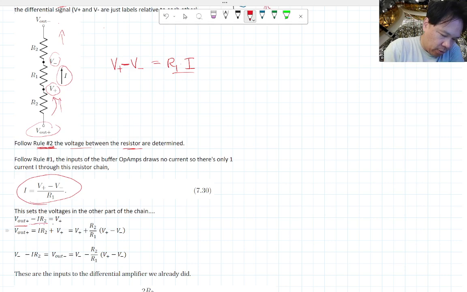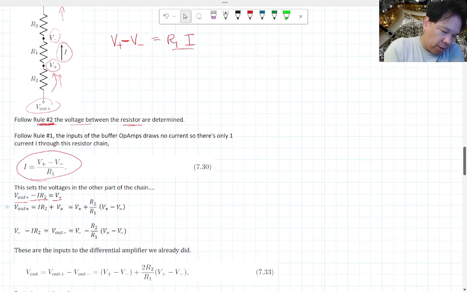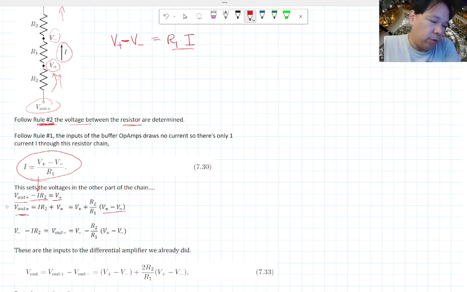So that's the equation I'm going to write down here. What we can do is substitute what I is. If you substitute in what I is, we end up with V out plus being equal to V plus times this ratio of R2 over R1 times the difference between the two differential inputs.